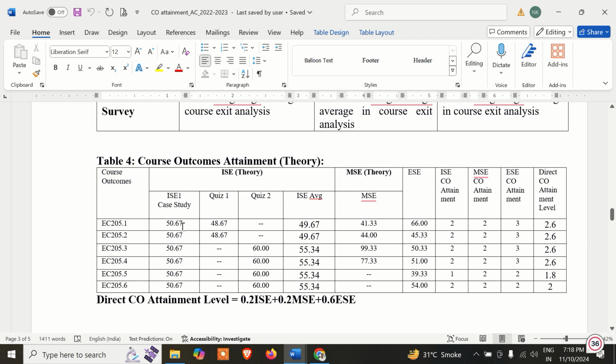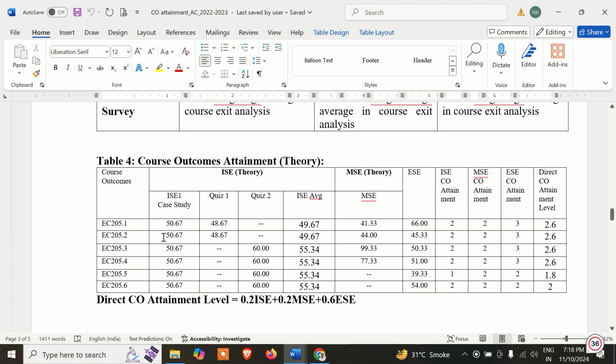After your calculation, you can enter these into ISC 1.